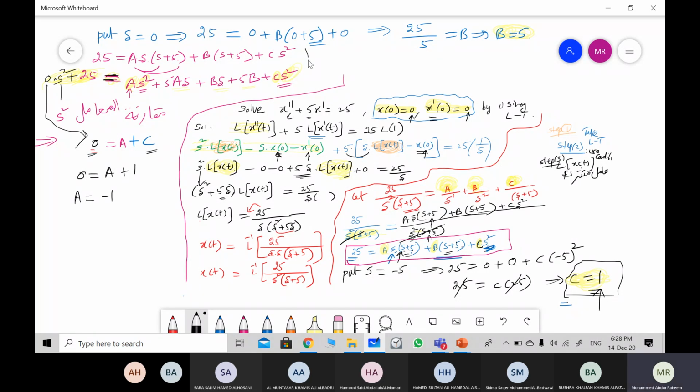Why did we do all this? To get A. But getting C and getting B was easy. This is somewhat different. Okay, now we need to write where this A goes. Where? Here. B is 5 here, B is 5. Here -1, this -1.